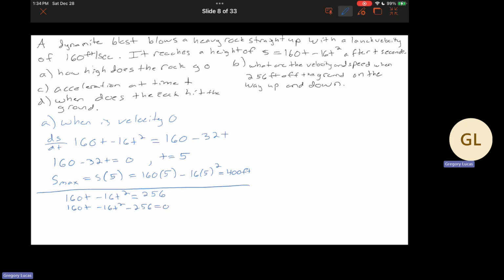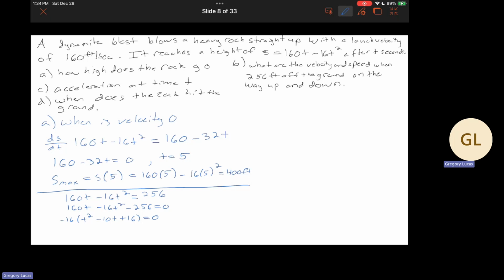I could factor out a 16. Let's rewrite this in a little better order. I have t squared, let's take out minus 16, so we have positive t squared minus 10t plus 16 equals 0.